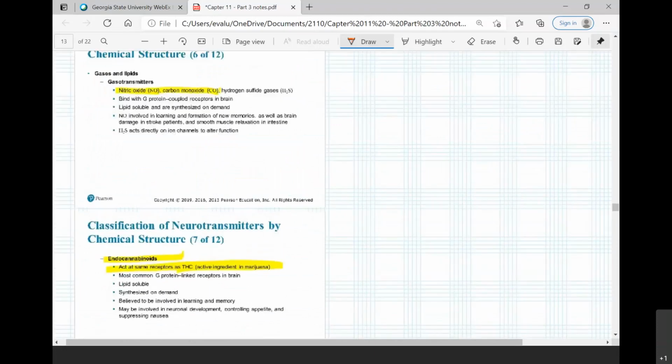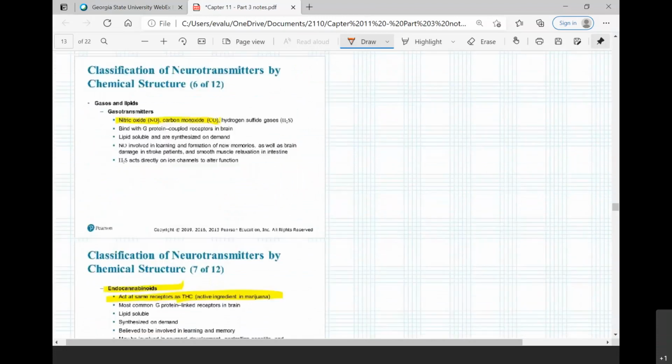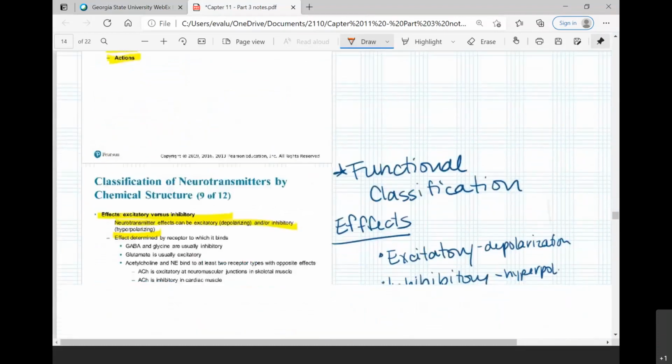So when we're talking about the function of a receptor, there are different types of functions it can be. There are two main ones. It's going to be an effect or an action. This is how we'll break down the functional classification of a neurotransmitter.